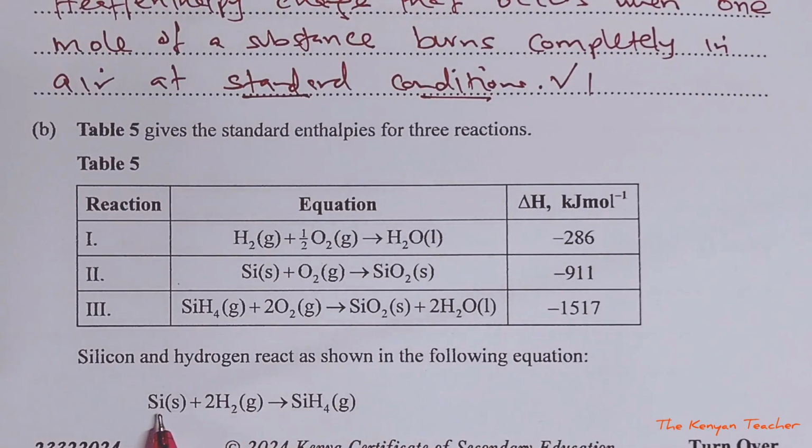So we have 1 mole of silicon solid reacting with 2 moles of hydrogen gas to give 1 mole of silicon 4 hydride, which is a gas. Now, having studied the table plus the extended information given down here, let us now go ahead and have a look at the questions that were to be answered based on the table.